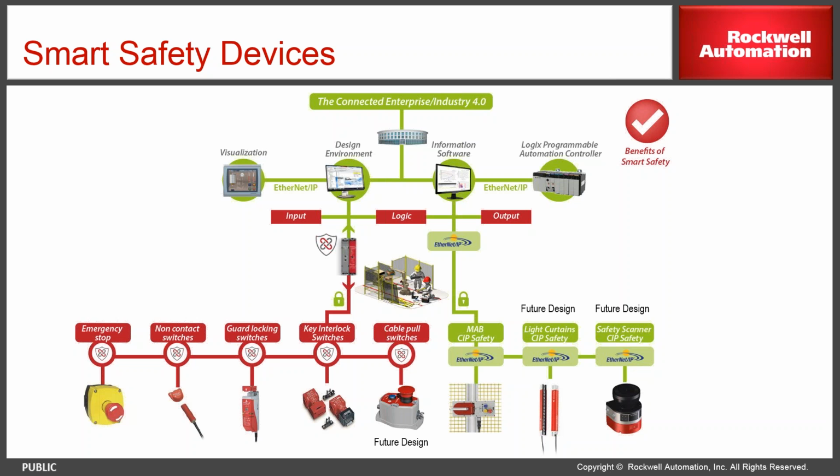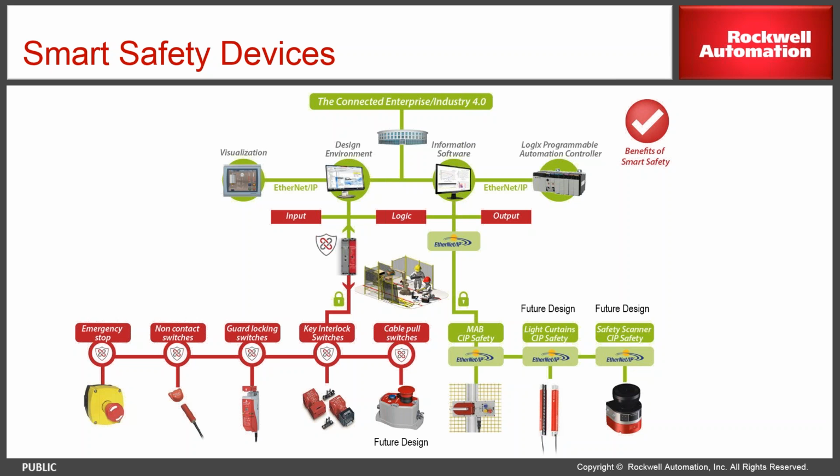This capability today exists in many of our safety devices and especially the ones shown there. And this network connection allows for information visibility and a dramatic simplification of wiring. When you're directly hooking a device to a network, you are saving a lot of wiring.